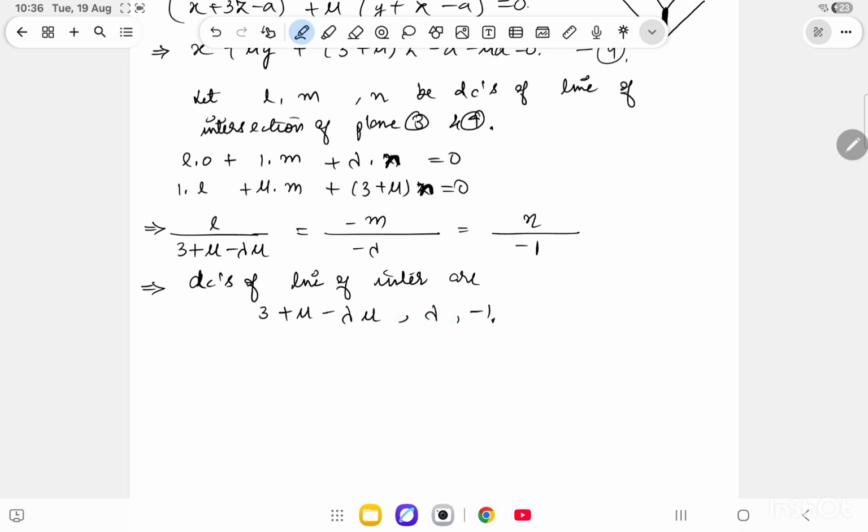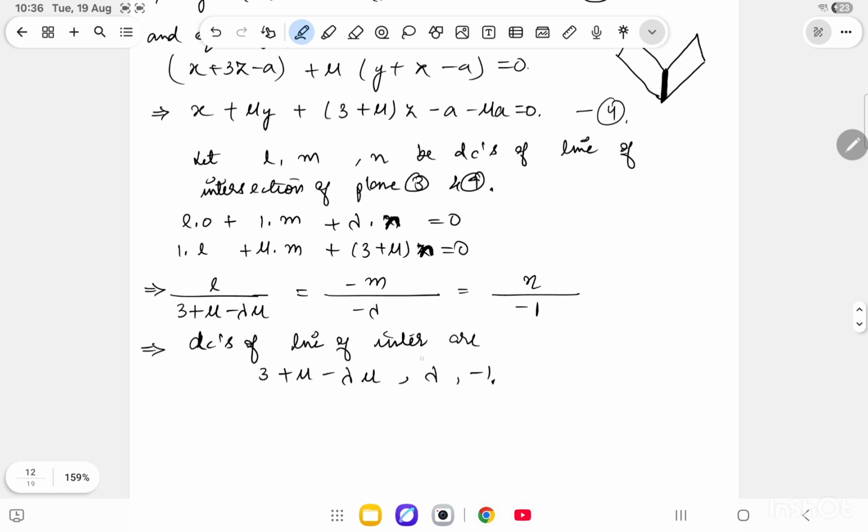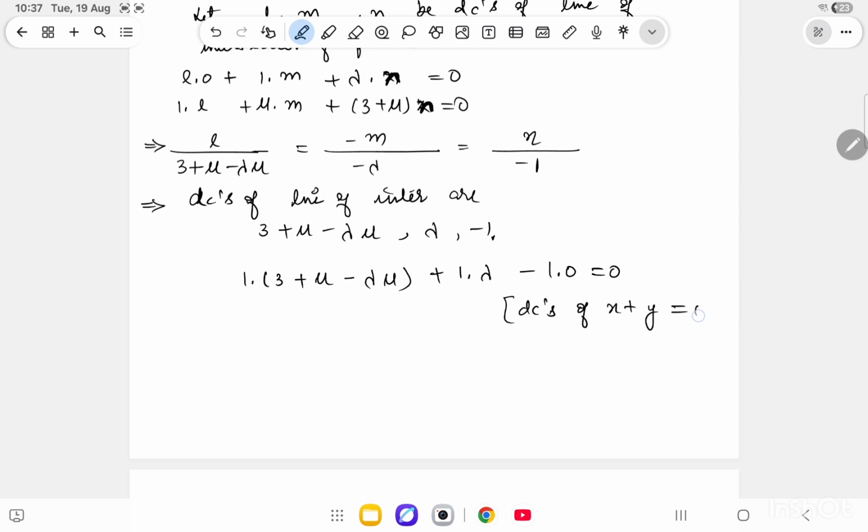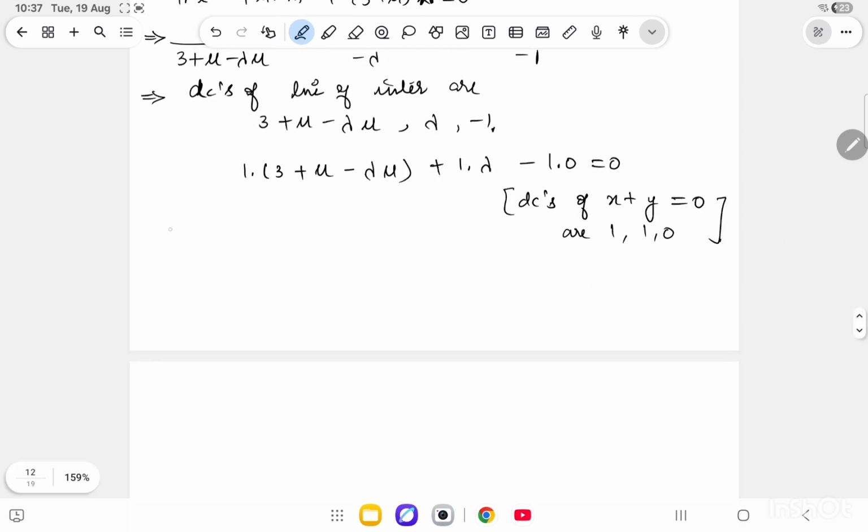Any line with these direction ratios is perpendicular to the normal of the plane x plus y. Again using the perpendicularity result, we'll get 1 into (3 plus mu minus lambda mu) plus 1 into lambda minus 1 into 0 equals 0, because the direction ratios of the normal to the plane x plus y equals 0 are 1, 1, 0. If I simplify it, I'll get 3 plus mu minus lambda mu plus lambda equals 0.